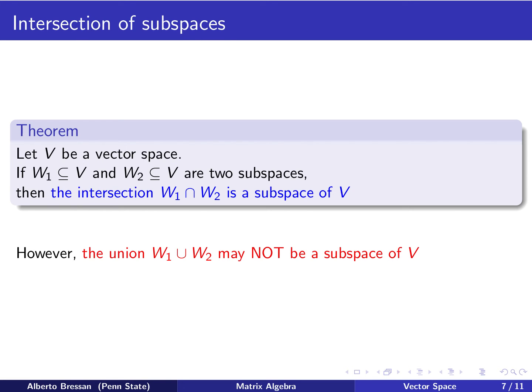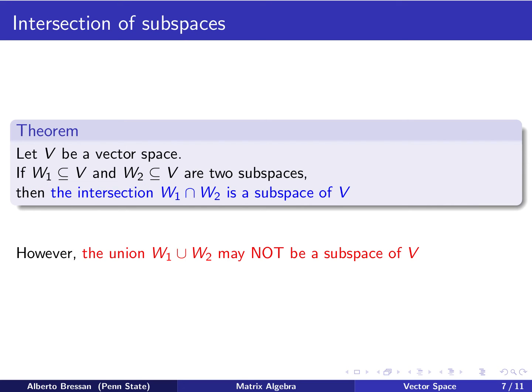If you have two sets, you can find the intersection of them. The concept of intersection can also be introduced to subspaces. And in fact, we have this theorem here. Let V be a vector space, and then we find two subspaces, W1 and W2.